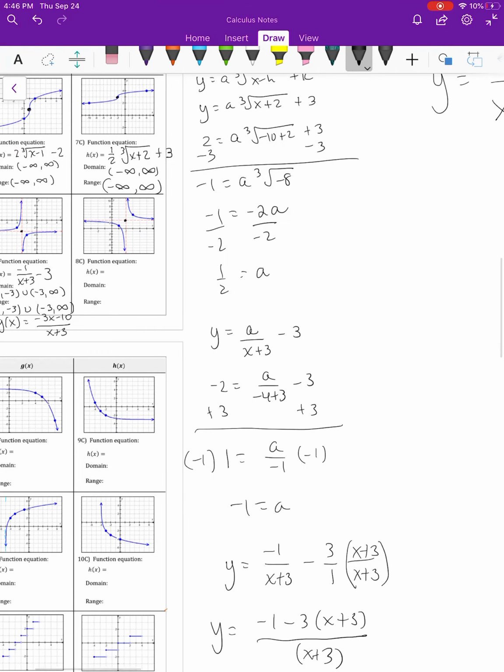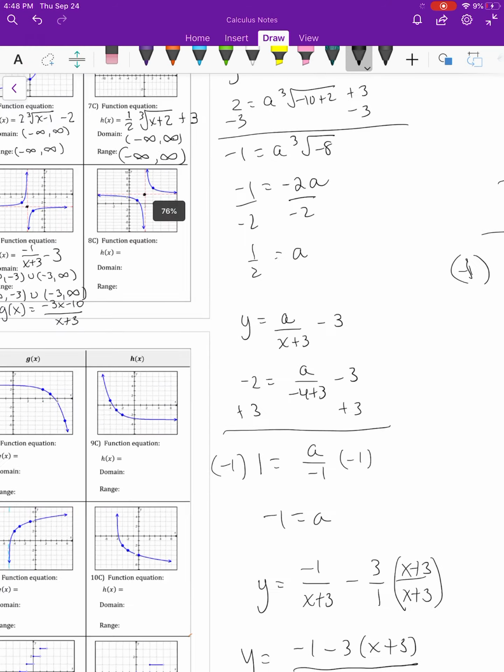I get 2 plus 3 times x minus 2 all over x minus 2. 2 plus 3x minus 6 all over x minus 2. 3x minus 4 over x minus 2 would be the other way to write that. So I could say h of x equals 3x minus 4 over x minus 2.